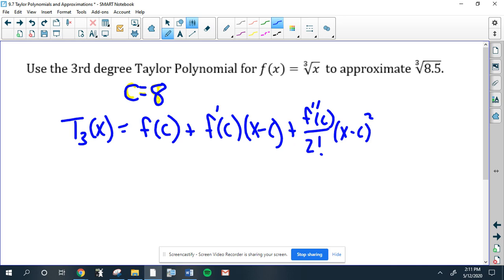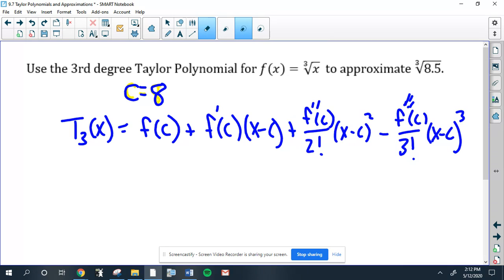And finally, to get to the third degree, third derivative over 3 factorial times x minus c to the third. Let me fix this up a little bit.